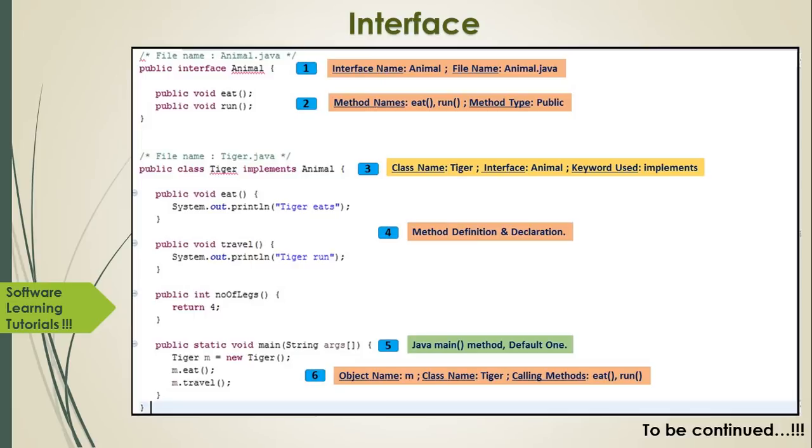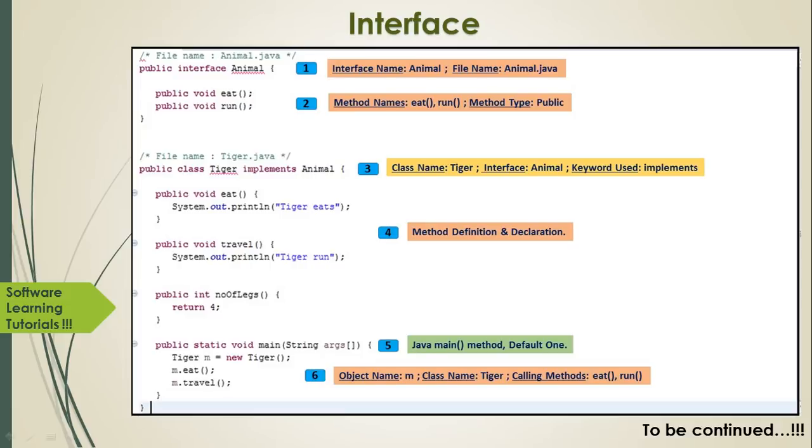And one more method which I have defined in the class tiger is public int number of legs. So you can see these two methods we have derived from the interface animal, and this is the method we have written normally for the class tiger.